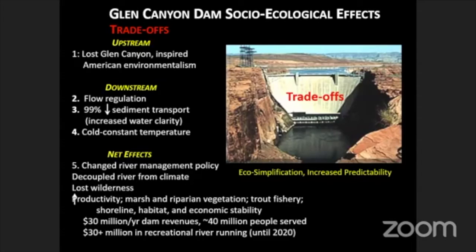Dams are like many forms of human disturbance of the landscape. What humans are really good at is increasing the predictability of the ecosystems that we manage, and also simplifying those. And so those patterns of increasing the predictability of the ecosystem, reducing flood flows, for example, and simplifying the ecosystem are things that we're looking at in terms of Glen Canyon Dam's effects.